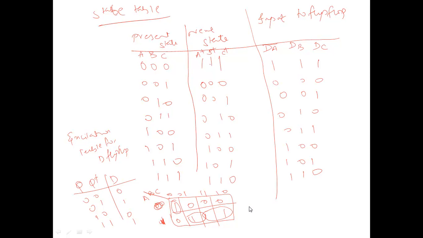So DA is, for this one, A bar B bar C bar, plus for this combination A into C, plus for this combination A into B. So DA is A bar B bar C bar plus AC plus AB. Similarly you have to do it for DB and DC. Again you are going to use a 3-variable K-map.